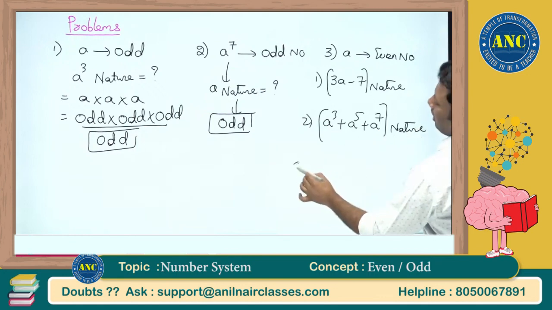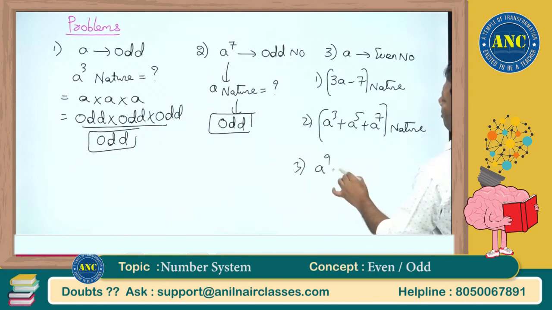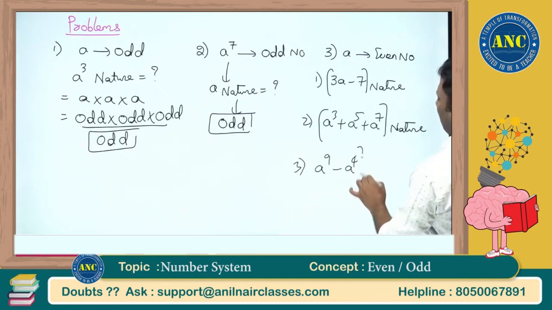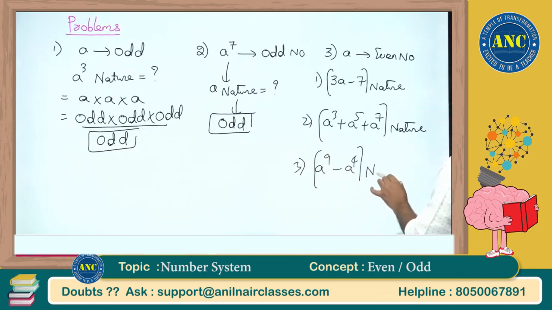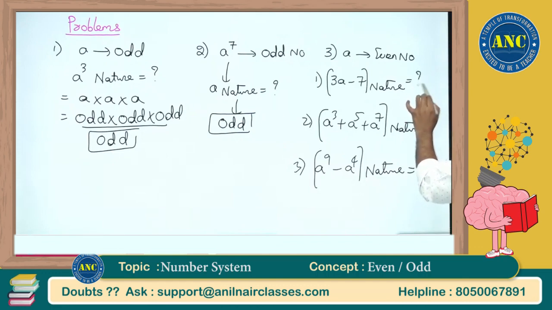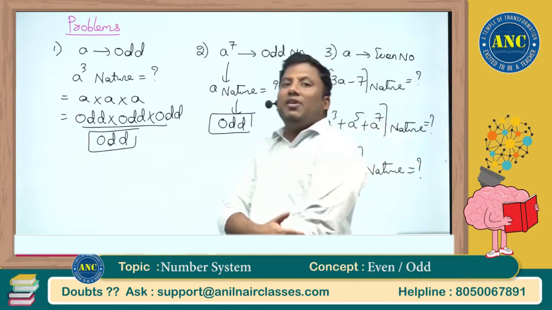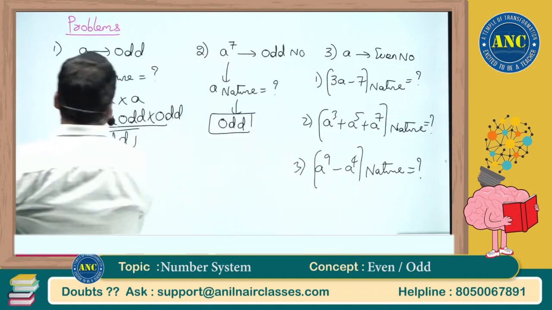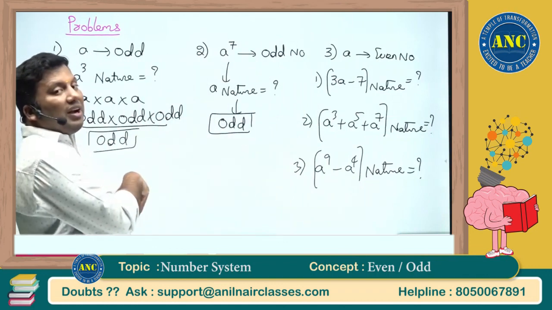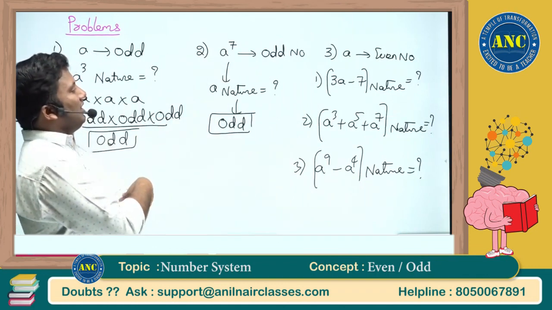Third question: A power 9 minus A power 4 nature. We are finding whether the expression gives you an even number or an odd number. Very good fundamental questions we are discussing in the class.